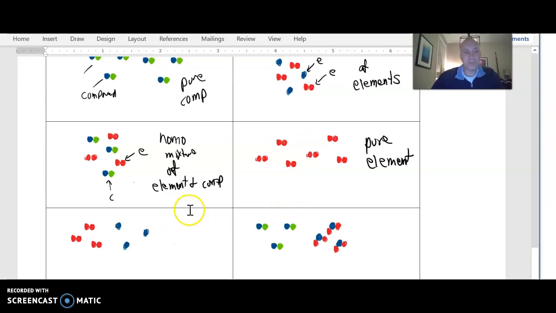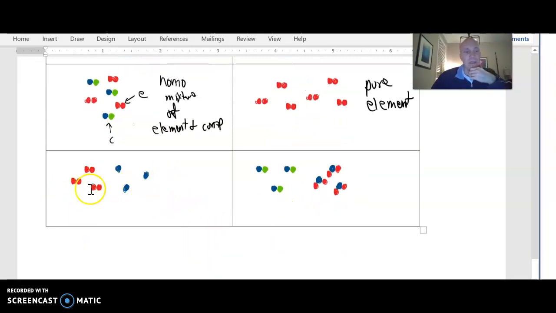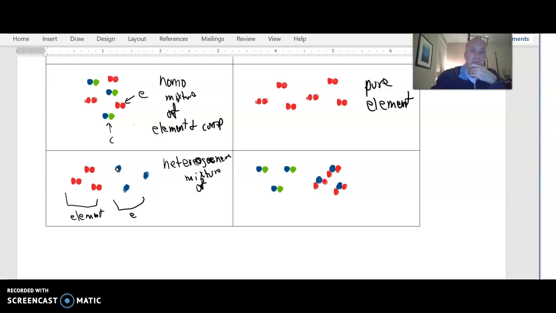In this picture right here, this material right here is an element. This is also an element right here. And notice that they're not completely mixed. You have one of the elements over here, and you have one of the elements over here. So this is going to be a heterogeneous mixture of elements.